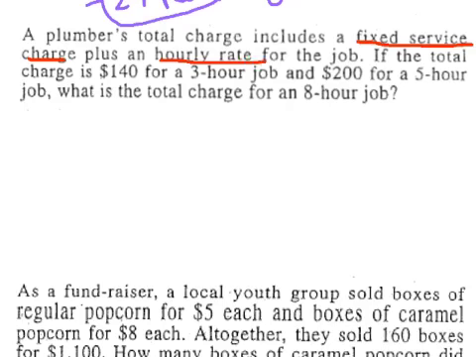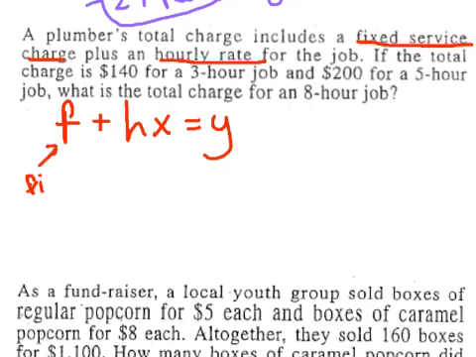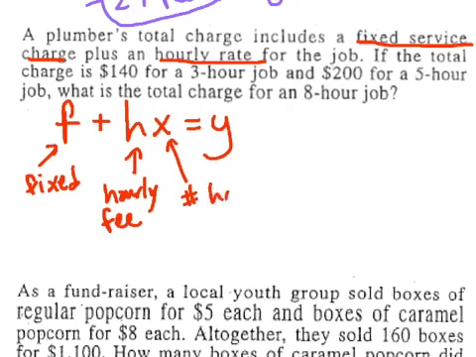If we think about what that means, fixed service rate, that's going to be paid once, plus an hourly fee, okay, x equals y, and this is the fixed rate, this is the hourly fee, that's the number of hours, and here I'll call this something else. I'm going to call this cost.